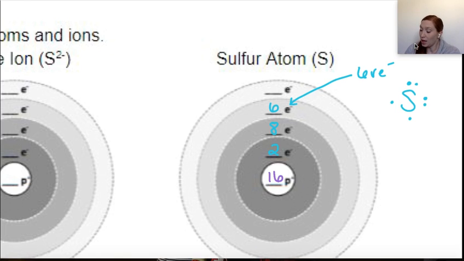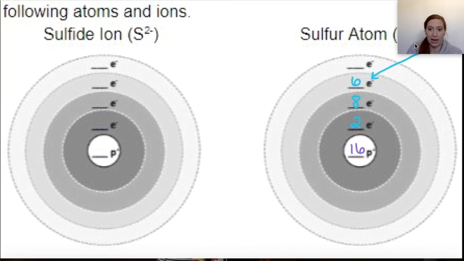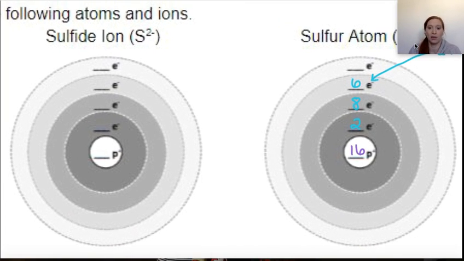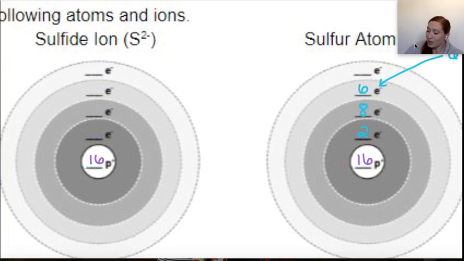Okay, because the sulfur atom and sulfur ion are related by just a change in number of electrons, let's go to that one next. So because sulfide is a form of sulfur, we know that it's going to also have 16 protons in the nucleus. The -2 charge means that we gain 2 electrons.